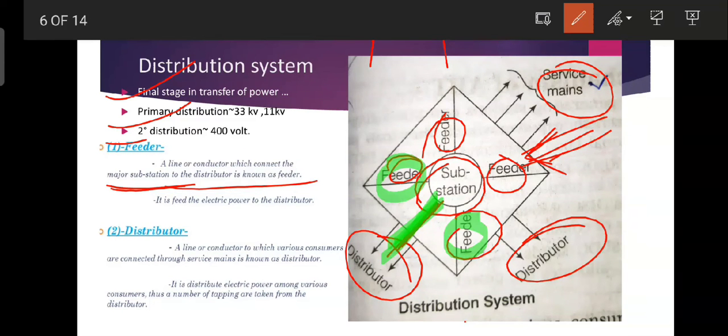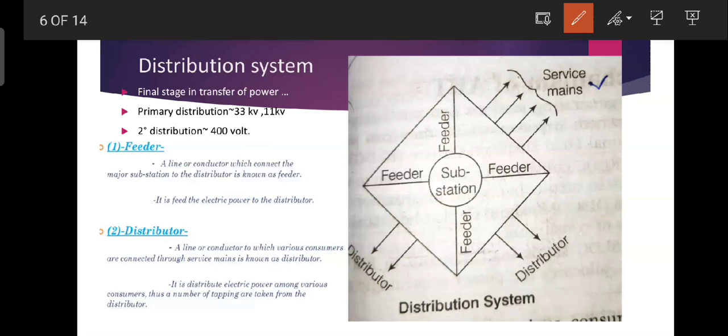Those are the feeders, the lines to the distributors. Okay, are you clear? I think it is clear to you.